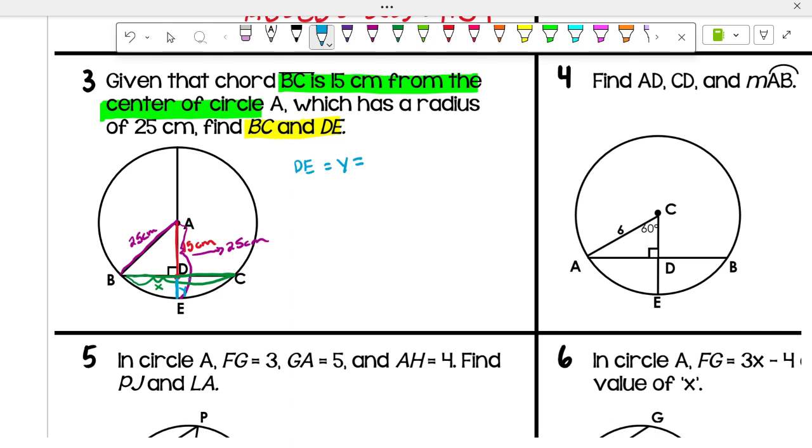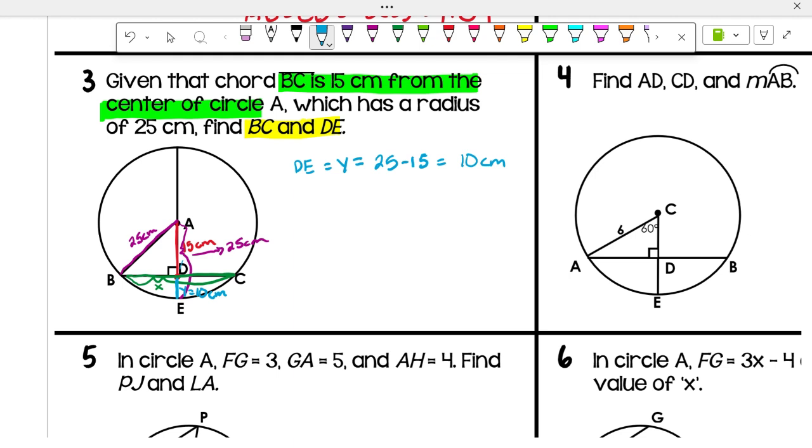So we got the full radius, which DE is a part of. It's 25. We also got the little piece of the radius AD, which is 15. So we can just subtract them to get Y, which is what? 10 centimeters. So DE is 10 centimeters. Now, X. How would I find X?